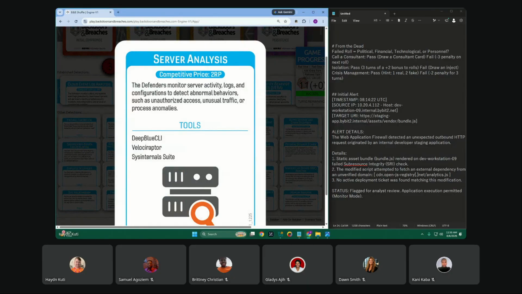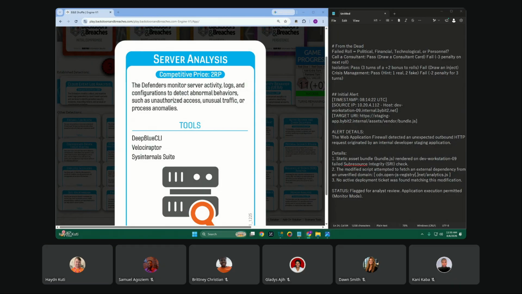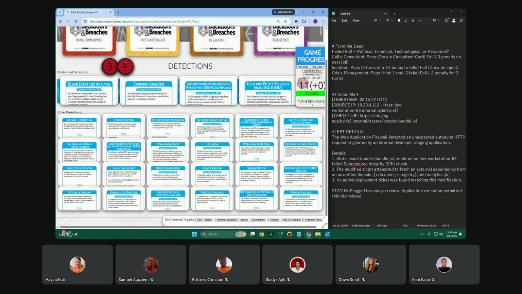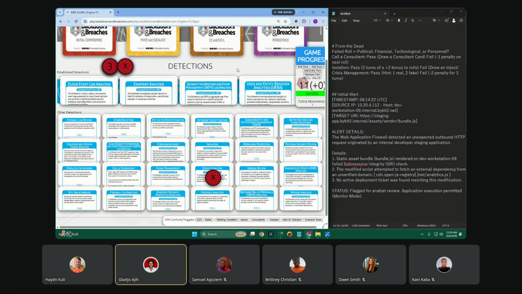So that was server analysis. Let's see, oh my god, this picture's so small. Unfortunately, guys, there's nothing to find with server analysis actually. So we can just throw an X there. Oh, that's interesting.